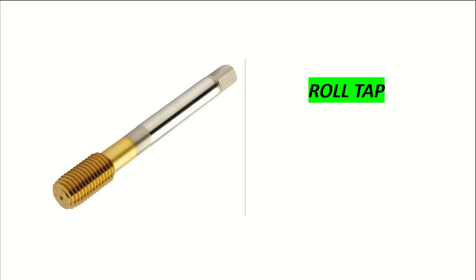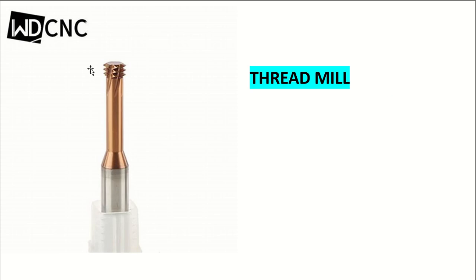Okay. Next, threadmill. See, some hard materials and different materials, blind holes, very costly material tools. We don't have to use a tap. Why? Because if the tap breaks, all the material will be rejected.